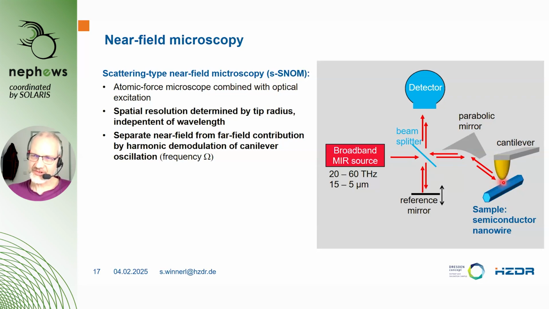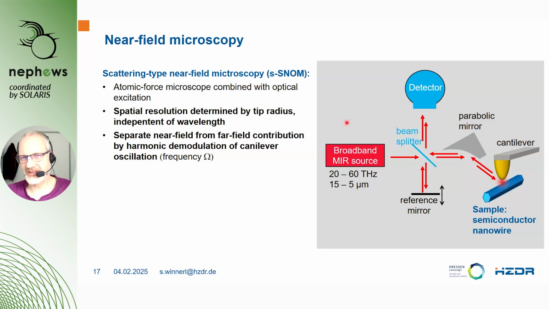For this technique, the spatial resolution is determined by the radius of this tip, because the light field is confined in this region and we can extract spectral information just from this region underneath the tip. This comes at a price that the intensity is very low and one typically has to fight with signal-to-noise ratio to get good pictures. And one can do this spectrally resolved.